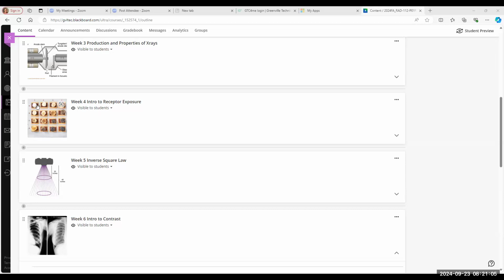This would represent very little receptor exposure. And because it is white or bright, that's the way it's going to look on your digital image. Areas that received very little to no receptor exposure are going to be very bright. Everybody follow that? Think about your bones.